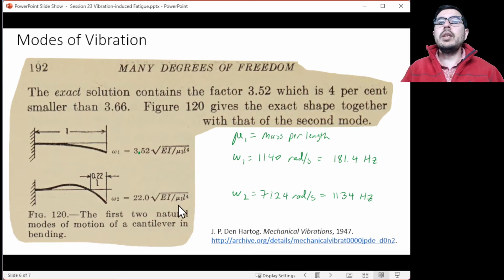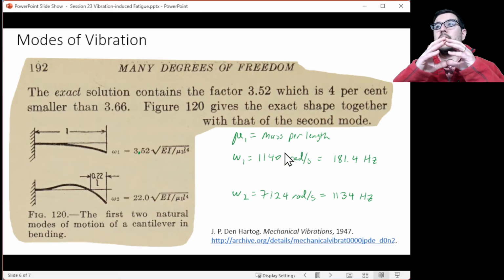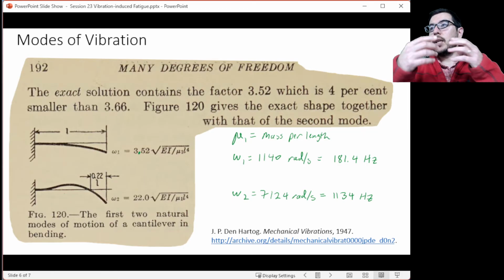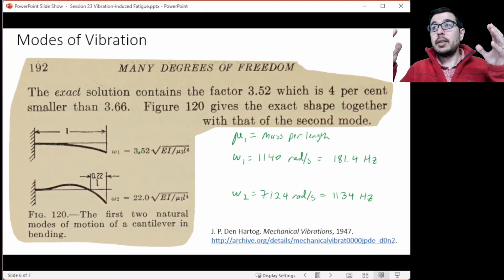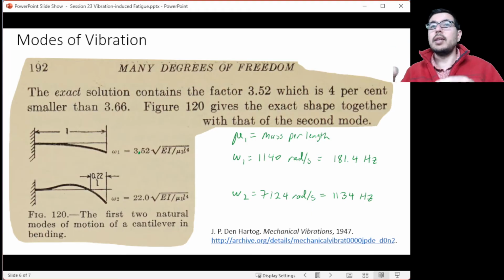And mu1 here is mass per length. So that would essentially be the b times the h times the length, times the density, and then divide by the length. So you have essentially bh times density, and then you use that in here.